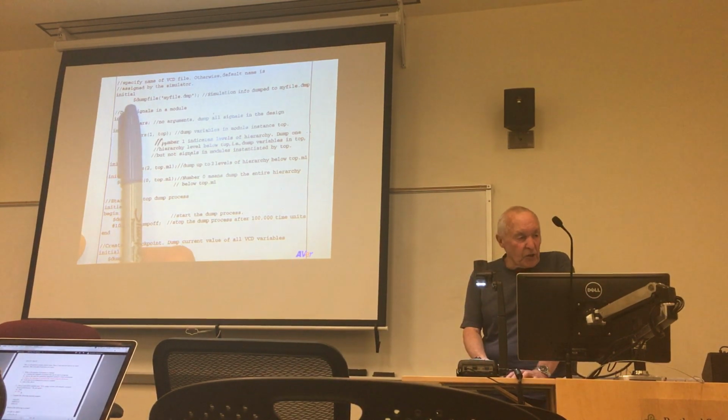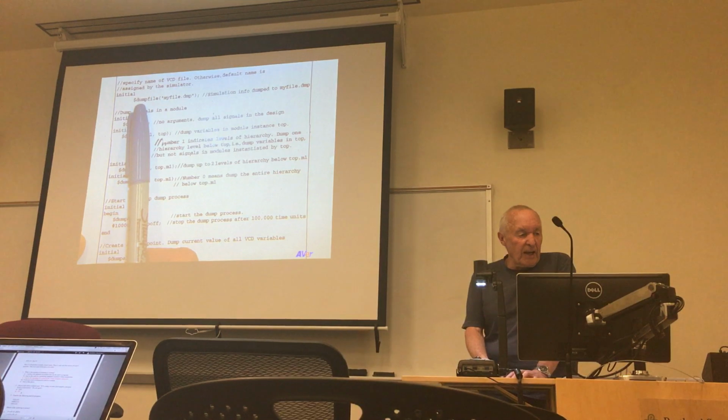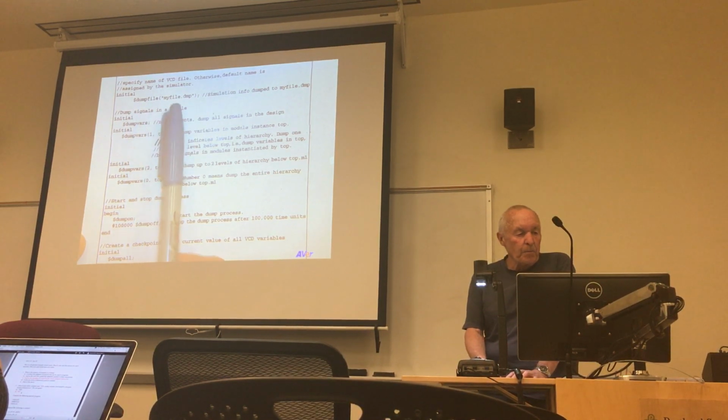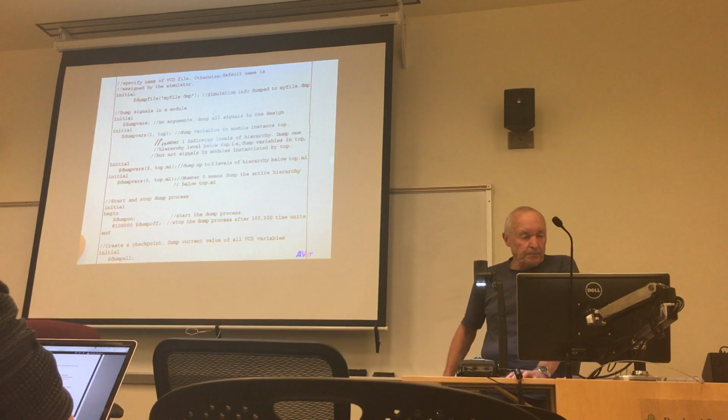So in this initial loop, the system task $dumpfile defines what my value change dump file name is. And the name is enclosed in double quotes. So here I'm calling it myfile.dmp.